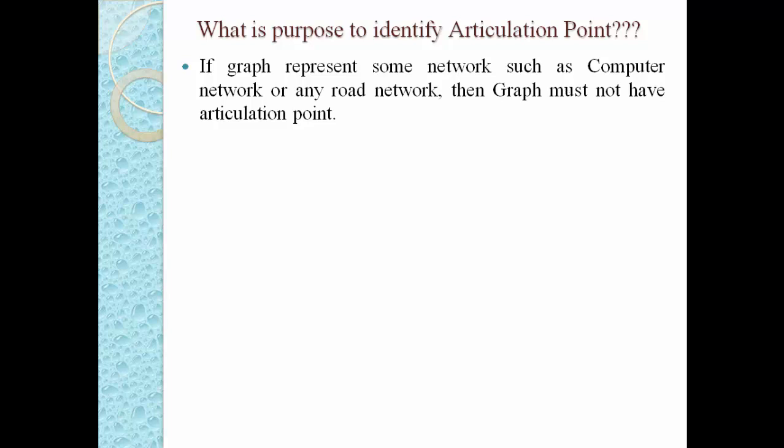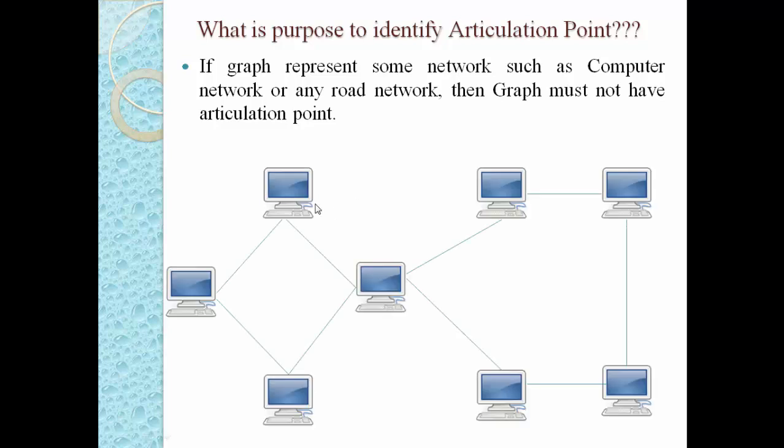For example, in a computer network, this node is an articulation point. There are a number of nodes connected to each other, and this node is the articulation point. Once this node goes down, then the whole network goes down. It means that there must not be an articulation point in a computer network or any road network. Otherwise it creates some problem with the whole network.